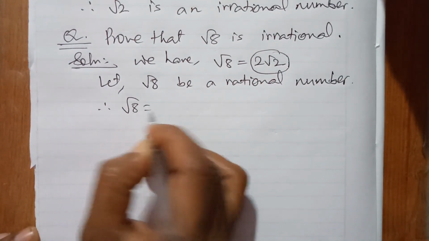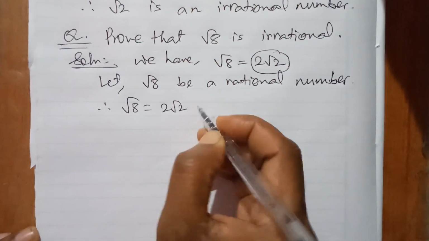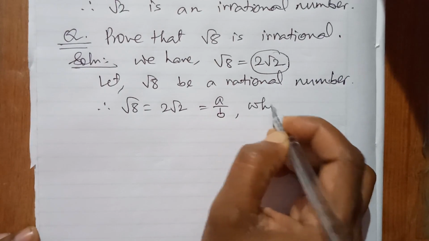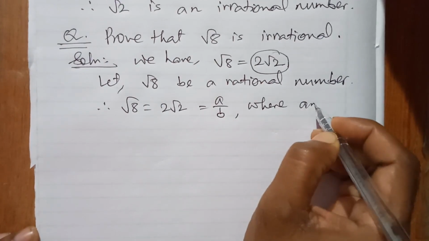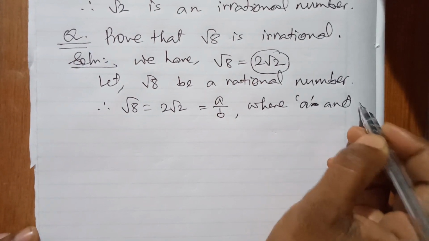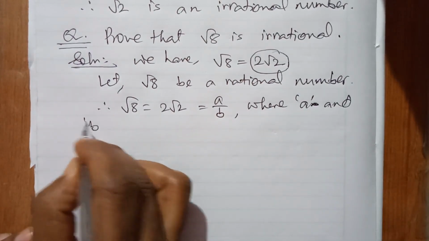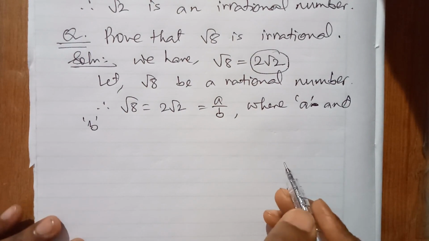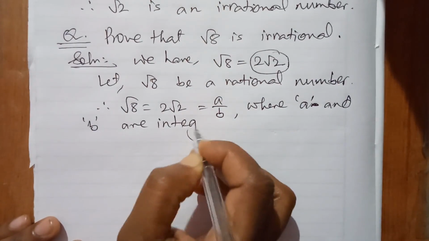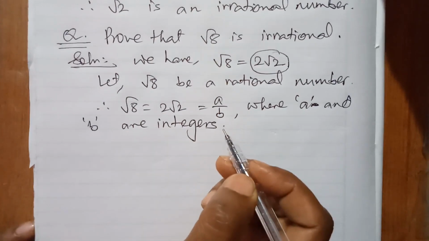Therefore root 8 equal to 2 root 2 equal to a by b, where a and b are integers.